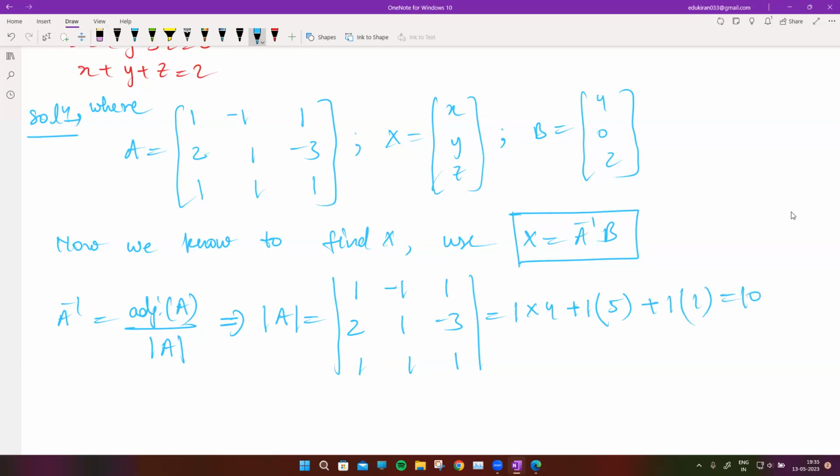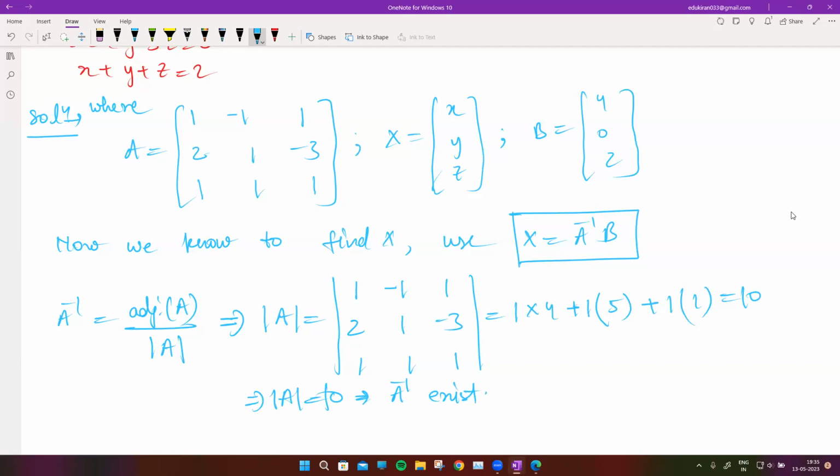The value of determinant is 10 in this case, right? It implies that determinant of A is equal to 10, which means A inverse exists.